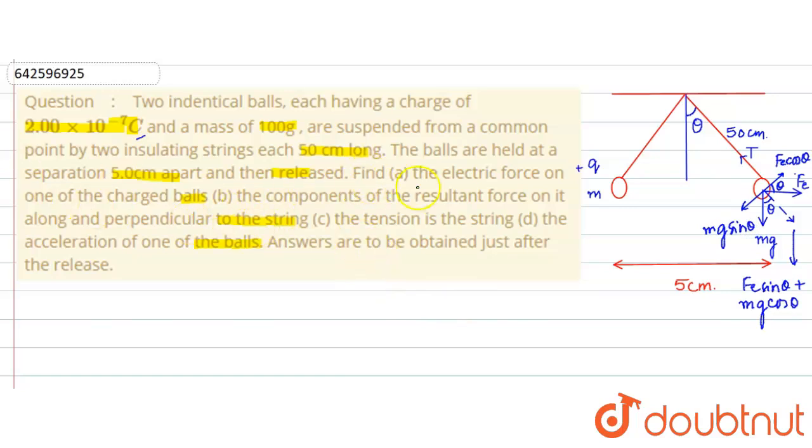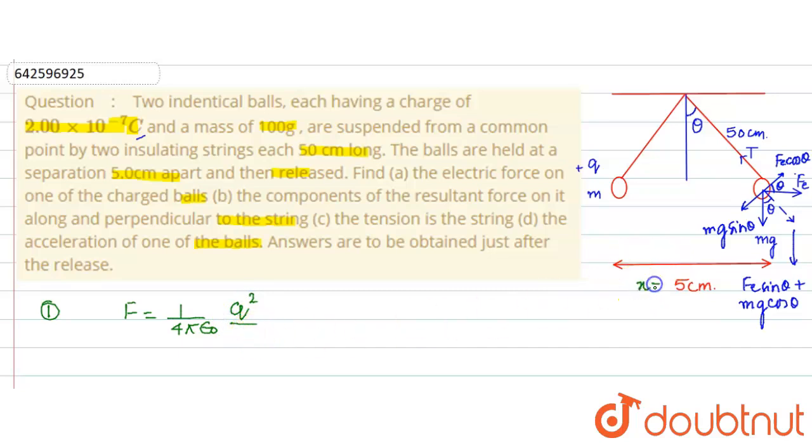Let us first find the first part, the electric force on one of the charged balls. We simply apply Coulomb's law, which gives the force equal to 1 upon 4 pi epsilon naught. Since the charges on both the balls are the same, this will be q squared divided by x squared, where x is the distance between them.